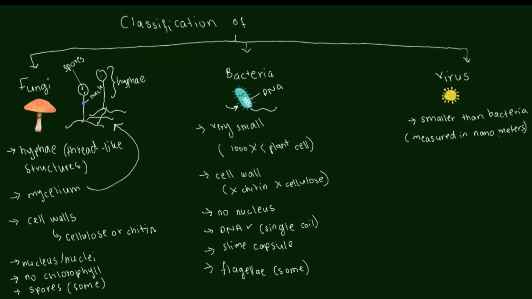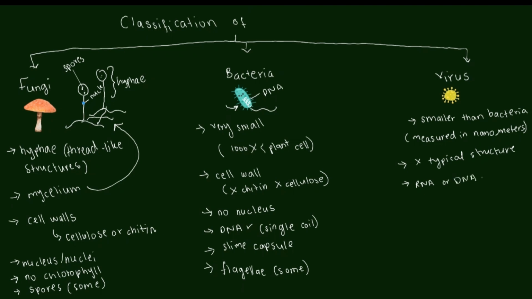They're so small that they have to be measured in nanometers, and a virus doesn't really have any typical structure. So usually we draw it out with that spiky protein coat and all that, but a real virus doesn't have any typical structure. However, it does have an RNA or DNA inside it.